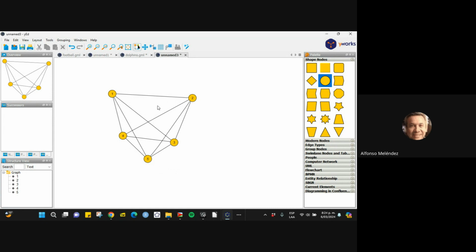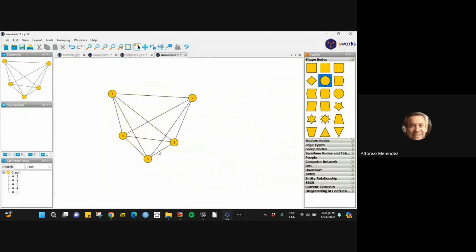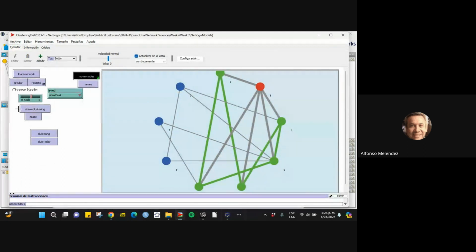The total number of edges is 10. The formula is n times n minus 1 over 2. 10 connections. How many connections are there? 1, 2, 3, 4, 5. How many orange edges are there? 5? Yes. So of 10 possible connections between 5 nodes, there are 5. So again, the clustering coefficient of this node is 0.5.